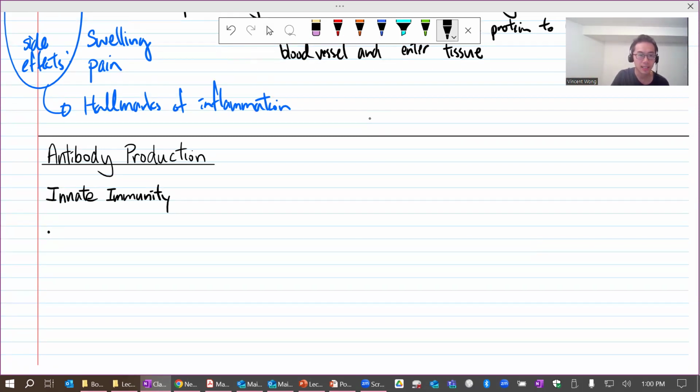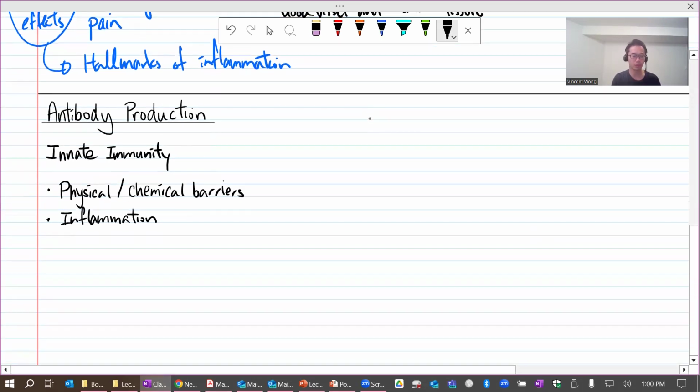We have things like physical and chemical barriers to keep things out. And then we have inflammation. If they do come in, it will trigger inflammation. Inflammation will hopefully help clear the infection.